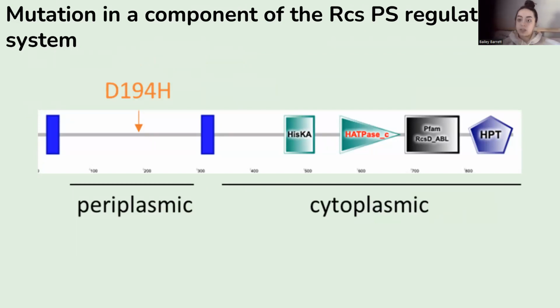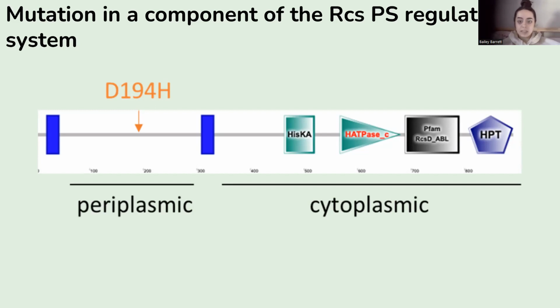Since presenting this and putting all of this together, we also sent in EV3, and it is also mutated in a part of the RCS system, however not the same gene. Not RCSD, I believe it's in RCSC. That's really cool, really interesting.